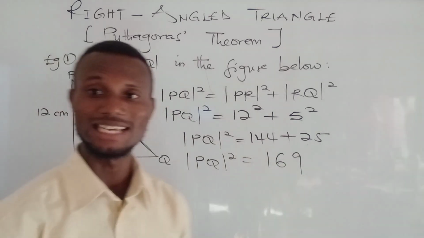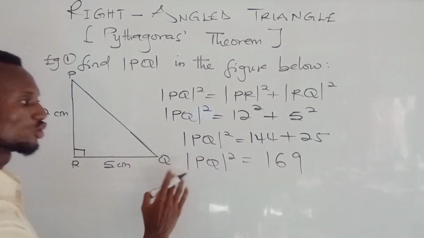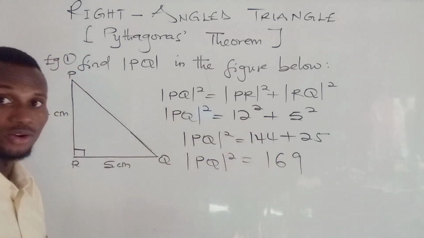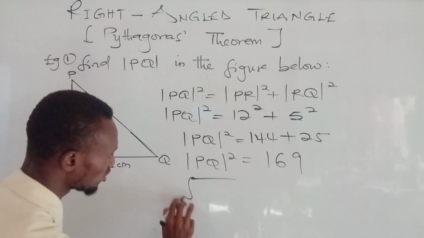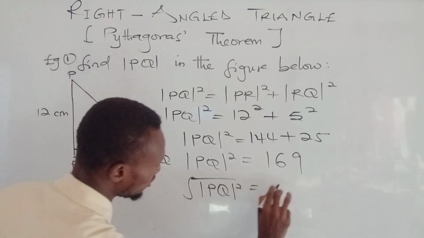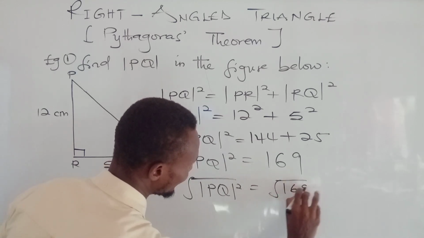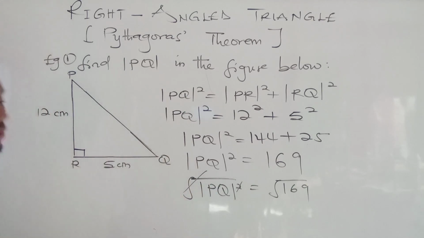Then now we need to get our line PQ. For you to get line PQ, you need to take the square root of both sides, so that you can get rid of the power 2 here. So I'm going to take the square root of line PQ squared equals the square root of 169, so that this power 2 here will cancel the square root sign away.